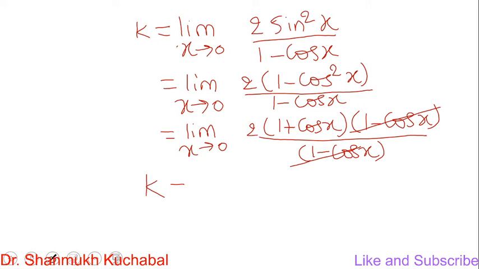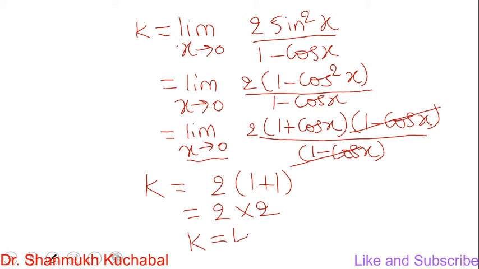So we get k equal to, now wherever x is there we have to replace it by the limit 0 here. Then we get this as 2 into 1 plus cos 0. Cos 0 is 1. So further we get this as 2 into 1 plus 1, 2. So k value we get it as 4.